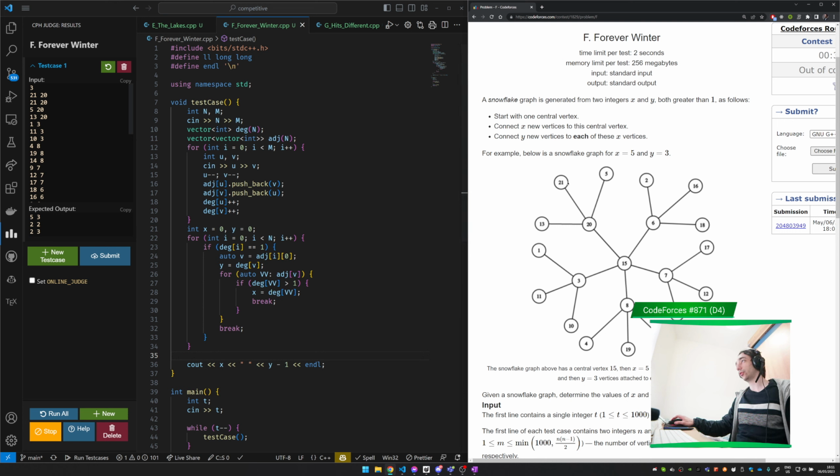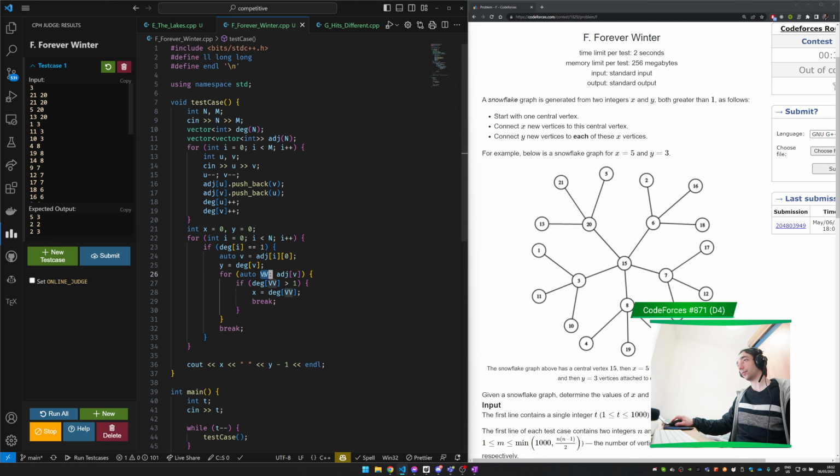Now, what I noticed here: if you start at any leaf node and you go one step, you always find the y node. And then from the y node, you don't want to go to leaf nodes, you want to go to some other node that is not a leaf node. This is what I do. I have the degrees of every node, how many nodes are in the neighborhood. Then you go for each node, and if the degree is 1, so it's a leaf node with only one connection, you move to that connection and you find that y is this node here, let's say.